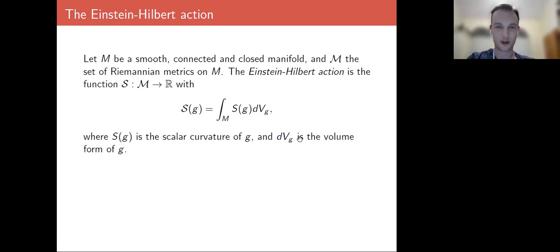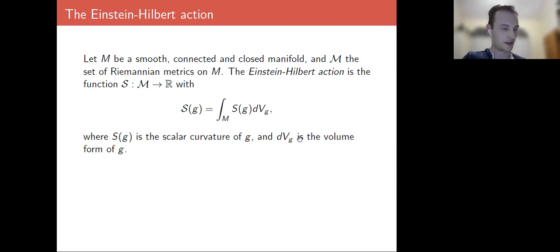The Einstein-Hilbert functional is then constructed. It's a function that goes from the set of Riemannian metrics into R. You take as input a Riemannian metric, and as output you get the real number found by integrating the scalar curvature of that metric with respect to the corresponding volume form.